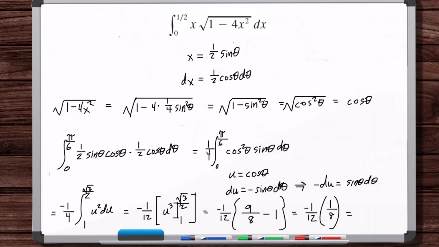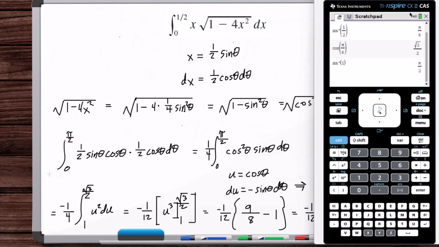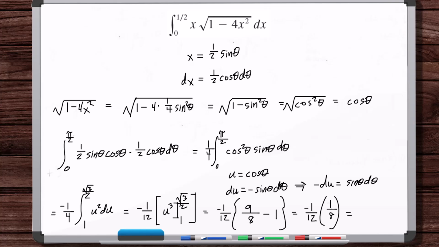So this is pi over 2. Okay, so now when theta is equal to pi over 2, u is equal to 0. So this is 0.